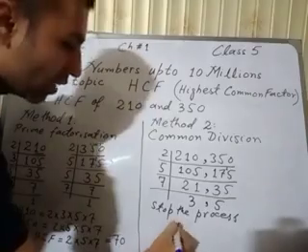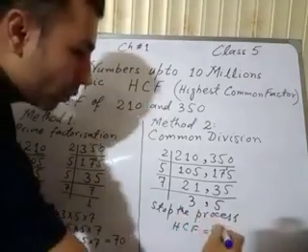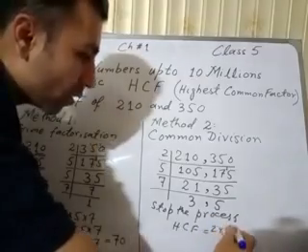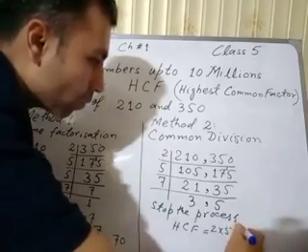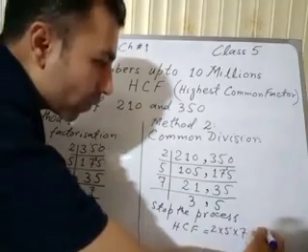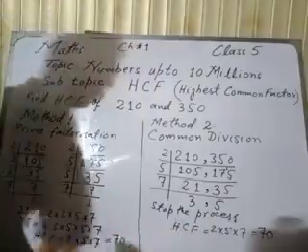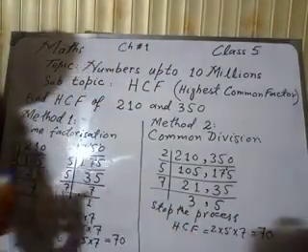And HCF equals 2 multiply by 5 multiply by 7, and you get 2 fives are 10, 10 sevens are 70. So you get the same answer by both methods.